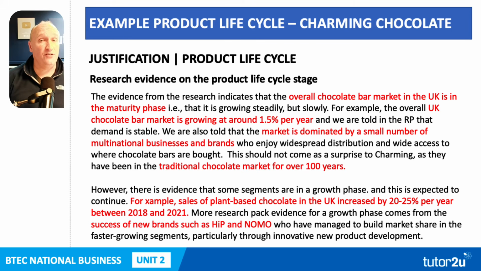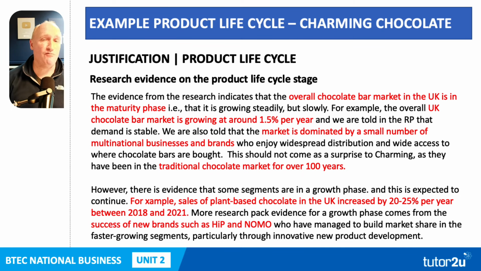So there is some evidence that there are some growth segments in a market that overall is growing slowly, therefore in the maturity phase. So that's the first part of applying product lifecycle, isn't it? We've applied what we found out in the research pack to this case study.